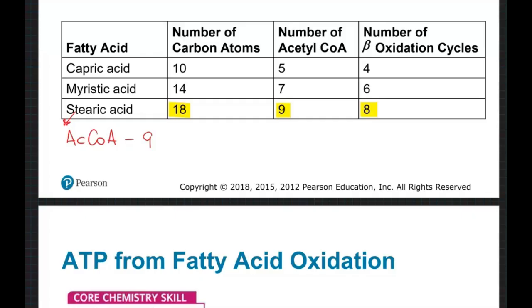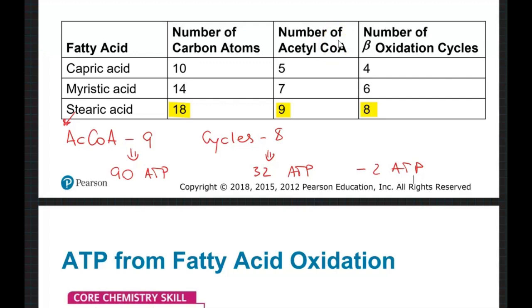So 9 acetyl-CoA. How many cycles? 8. Okay? So that means 90 ATPs from acetyl-CoA and 32 ATPs from 8 cycles. Each cycle brings you 4 via NADH and FADH2. Minus 2 ATPs for activation. Do you follow me for now?